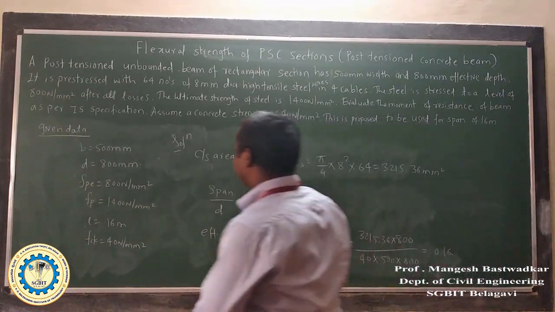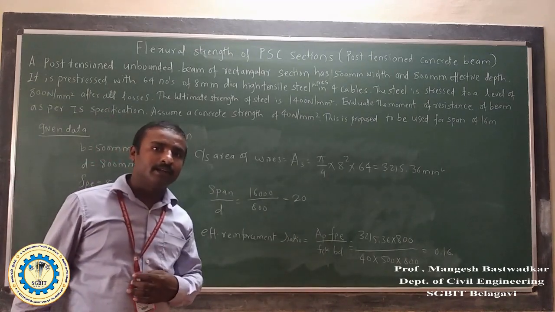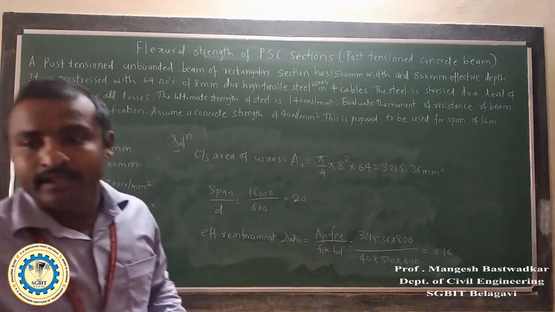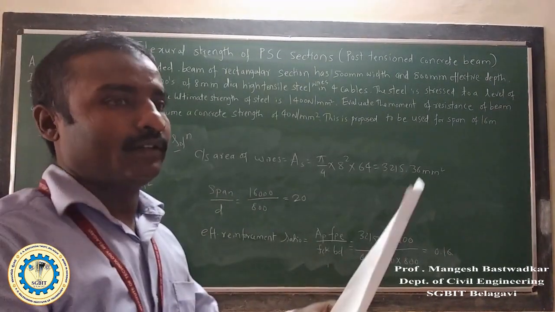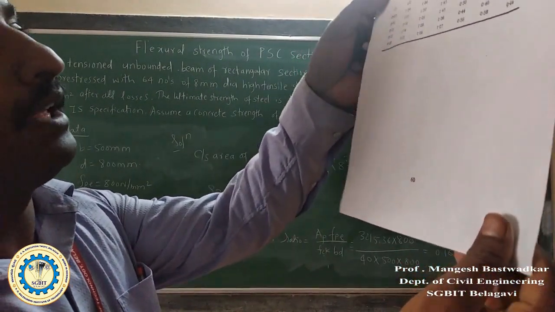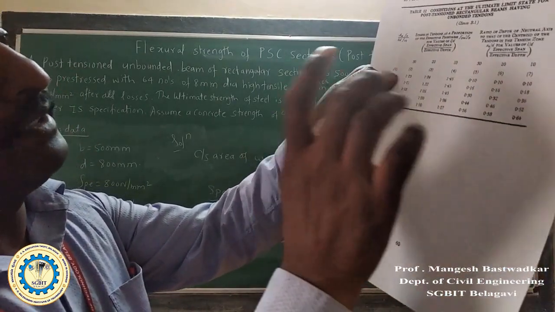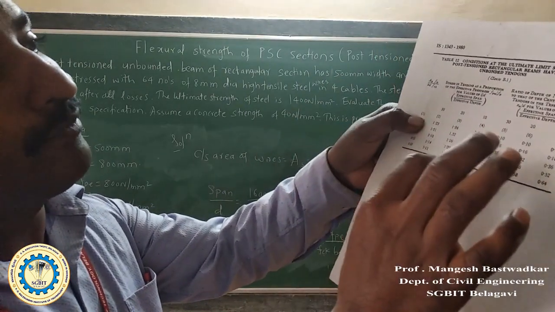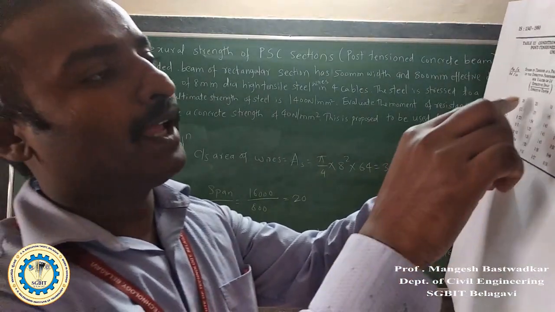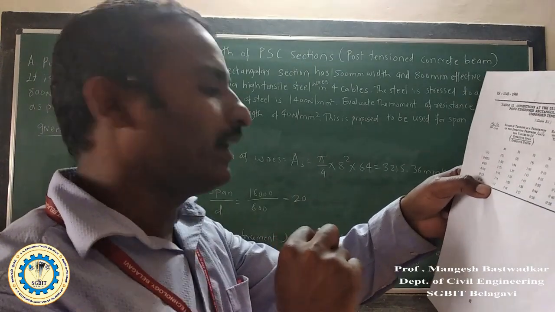So based on the span by D ratio and effective reinforcement ratio, we will obtain the value of FPU by FP and XU by D from the table number 12 of IS 1343. So you can see here how to obtain this. Now here page number 60 of IS 1343. This first column is effective reinforcement ratio, and this table is for post tension beam with unbounded tendons. Okay, so here effective span by effective depth ratio we have got 20.